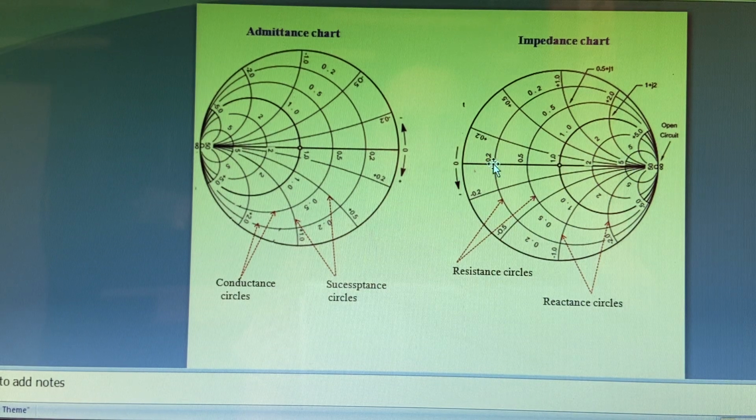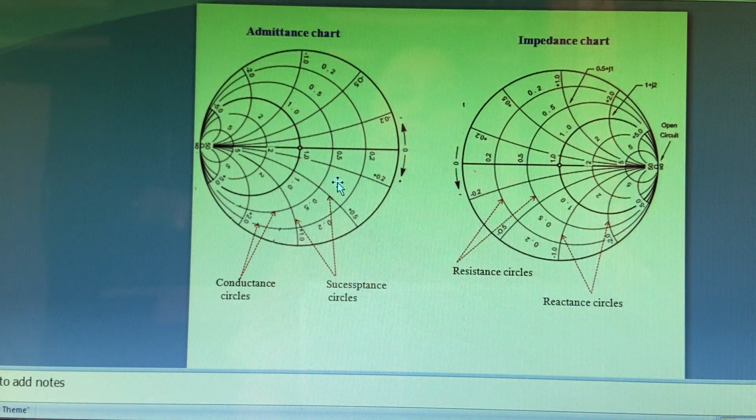We have to read the resistance circle value above, and the conductance value below. This 0.5 outside this conductance circle is conductance 0.5, and this one is resistance 0.5. So the values of conductance are written below the horizontal line, and the resistance values above it.